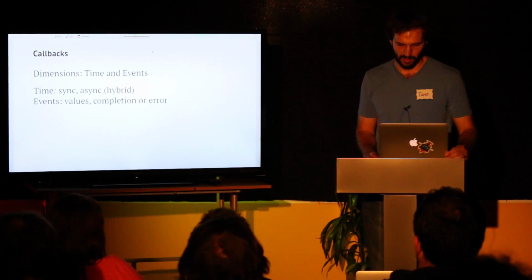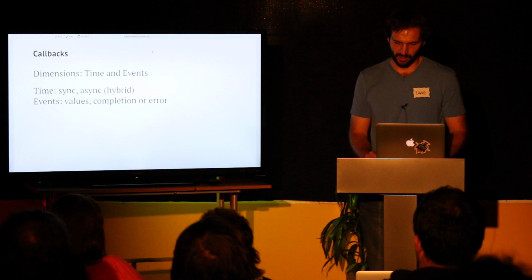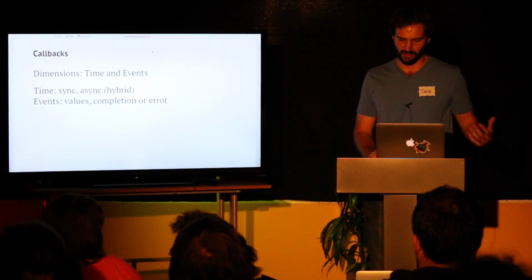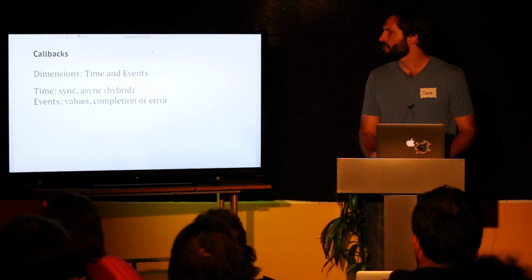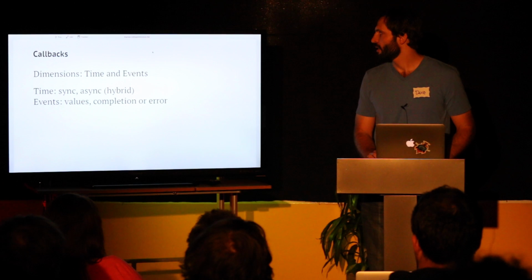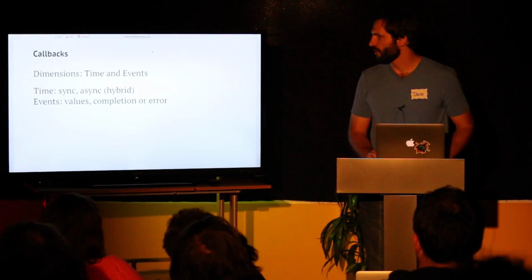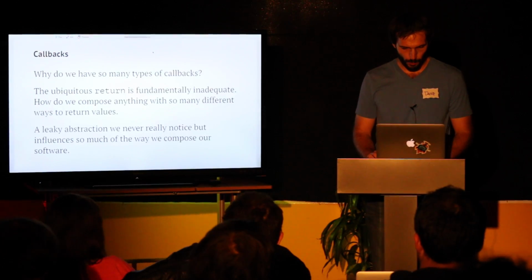Callbacks have a couple of dimensions, whether they're synchronous or asynchronous. And an asynchronous method is always kind of hybrid, because it has to do something synchronously, return to you synchronously, and then do some asynchronous code. And in the examples of different types of callbacks, sometimes you have values, sometimes completion, sometimes an error.